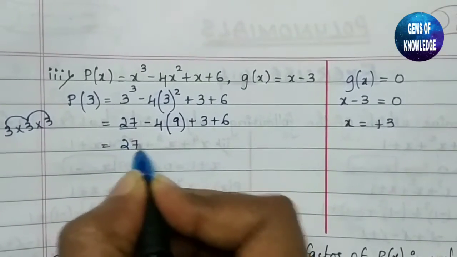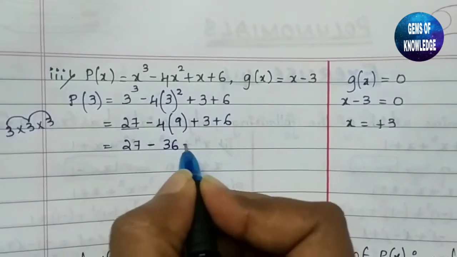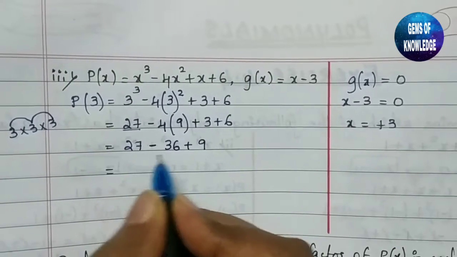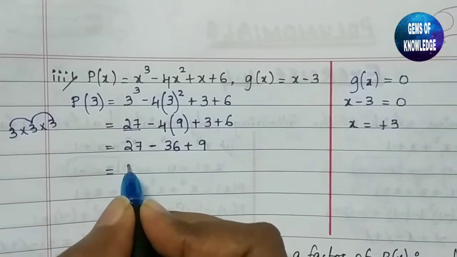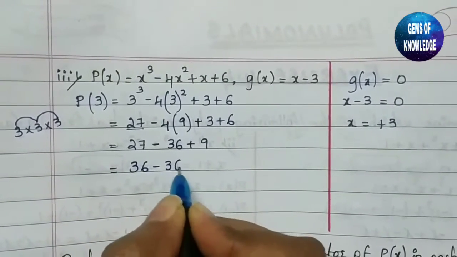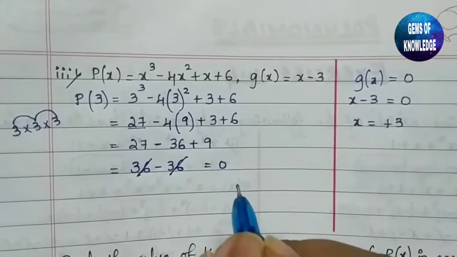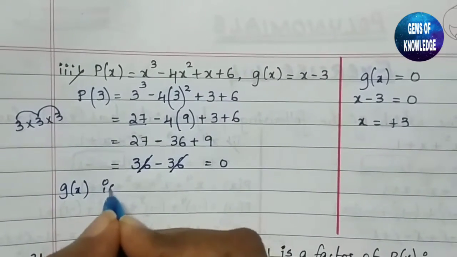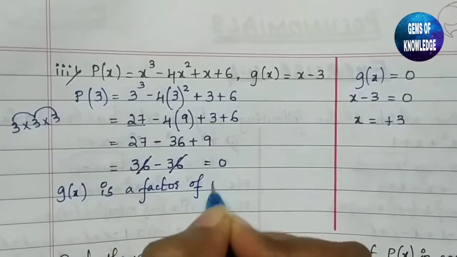So 27 minus 9, 4s are 4, 9s are 36, plus 9. 27 plus 9 is again 36, minus 36. So both will be cancelled and we are getting the value as 0. So here we can write that g of x is a factor of p of x.